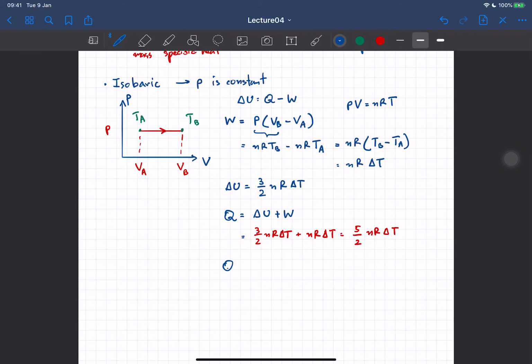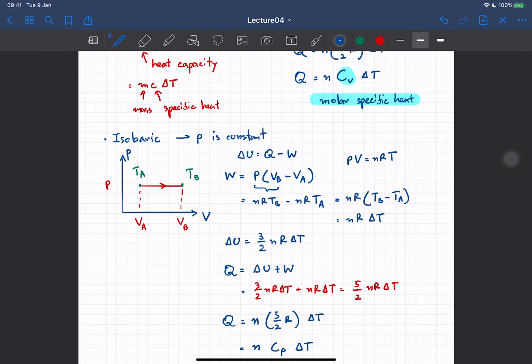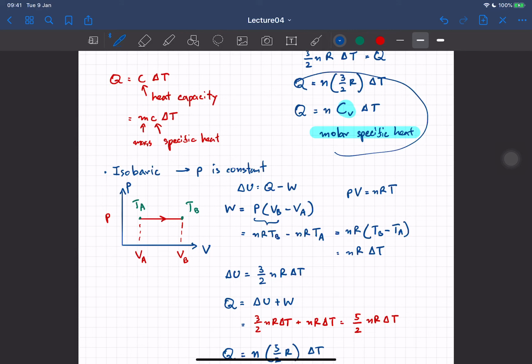So using the same nomenclature as above, it is n in front, 5/2 R times delta T. This I can write in terms of Cp delta T. It's the same as what we had earlier, because we want to write this in terms of molar specific heat.